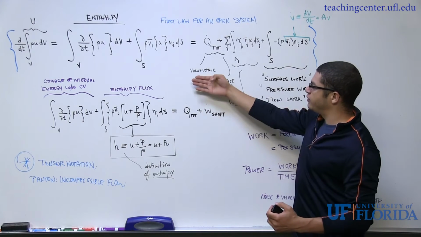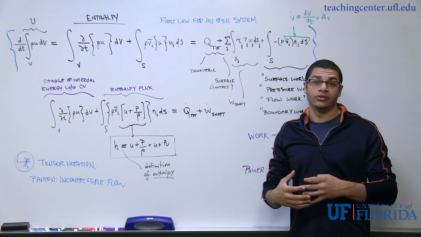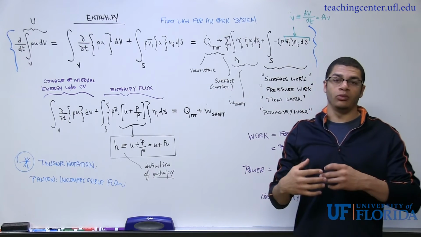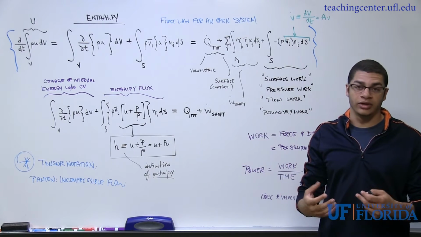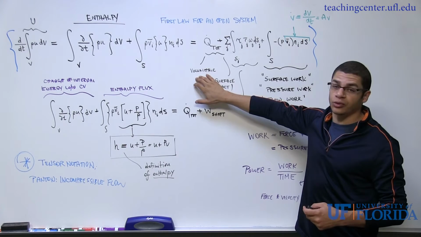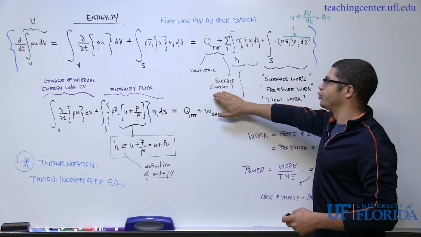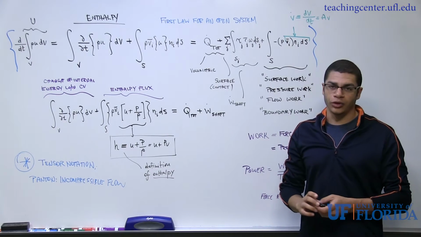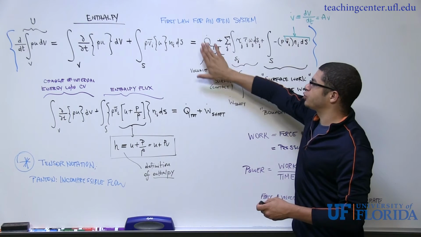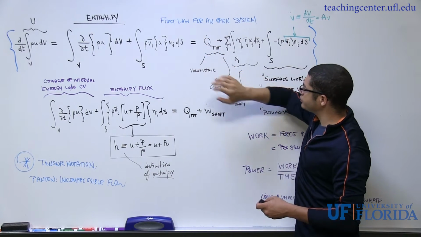So it could be volumetric. This could be due to, say, radiation, or maybe we'd like to model a chemical reaction occurring internally as a volumetric heating source. Or it could come through thermal contact at the boundary of our particular control volume. So both of these are included in this heat transfer term.